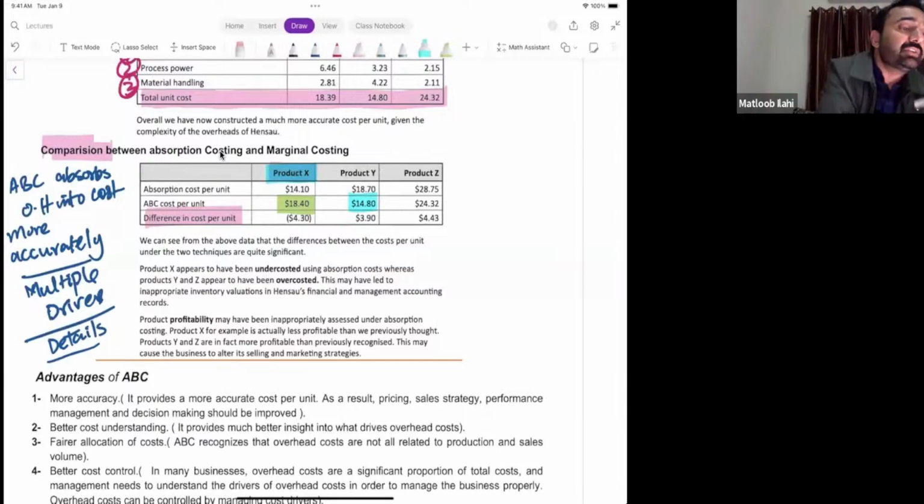Similarly, product Z, under absorption costing, was charged with 28.7, but under ABC, it is charged with 24.3.